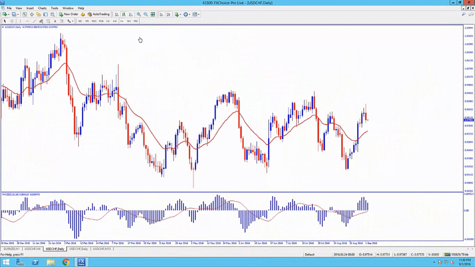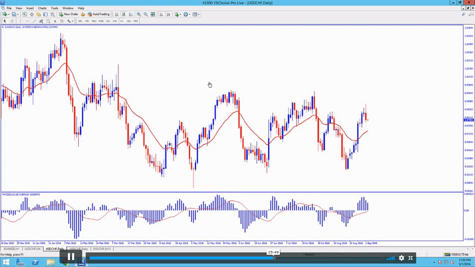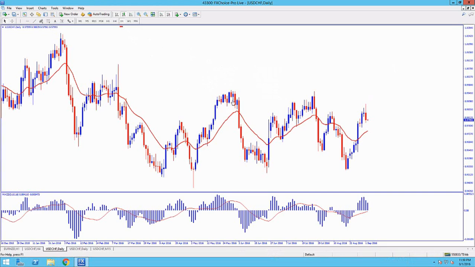What we want to do now is look at the time of the charts of the bars. Let me explain. If we look at D, this means that that's a daily chart, and each one of these bars represent 1 day of trading right there. So this is current day, that's yesterday, that's the day before that.